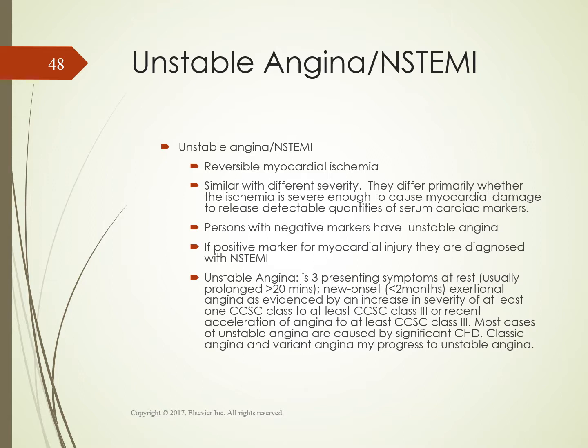Unstable angina has 3 presenting patterns: symptoms at rest, usually prolonged, greater than 20 minutes; new onset, less than 2 months, of exertional angina at least CCSC class 3; or a recent acceleration of angina, with an increase in severity by one CCSC class to at least class 3.